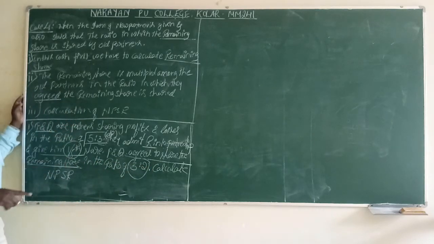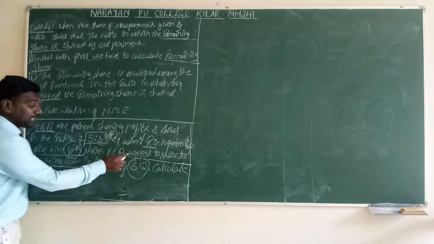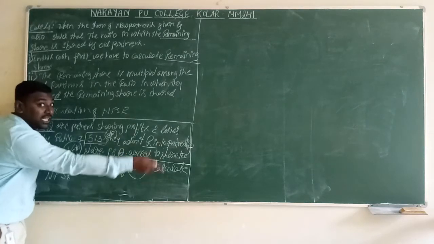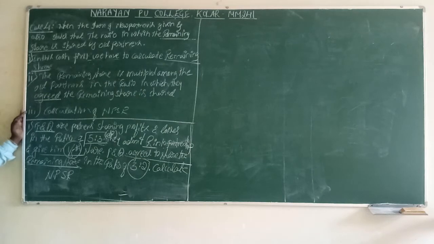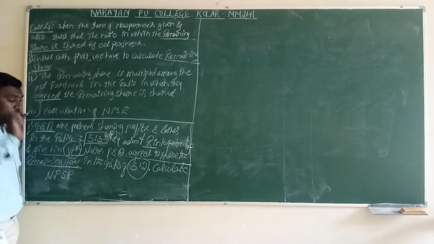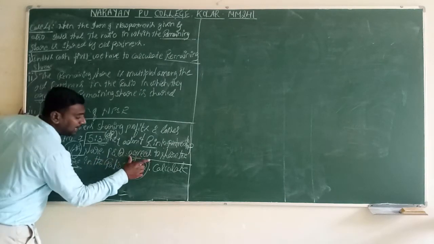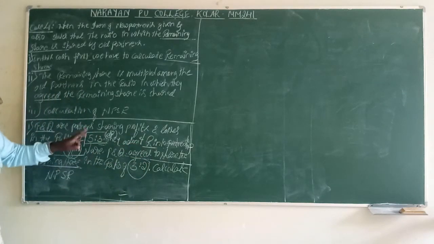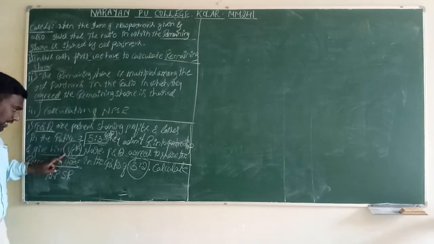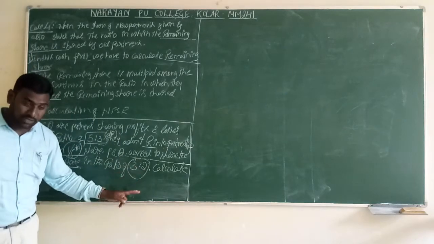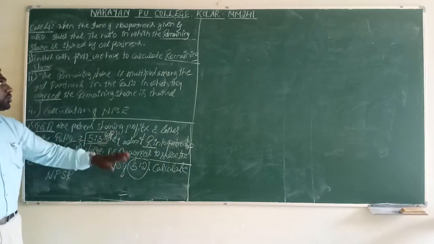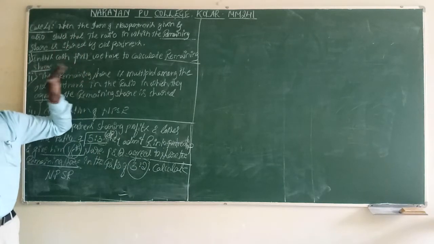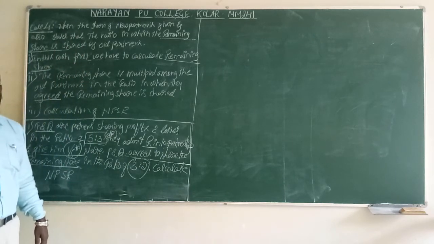The same question is asked in case number 2, but there the term agreed is not given; sacrificed or sacrificed in the proportion belongs to case number 2. When the term agreed is given, it belongs to case number 4. So old ratio is given, new partner share is given, and the agreed ratio is also given. If these three values are given, this question belongs to case number 4.